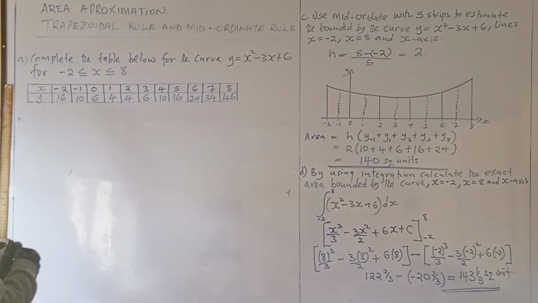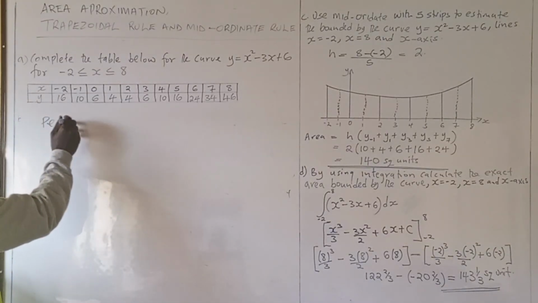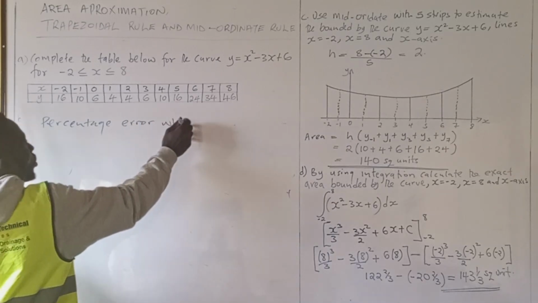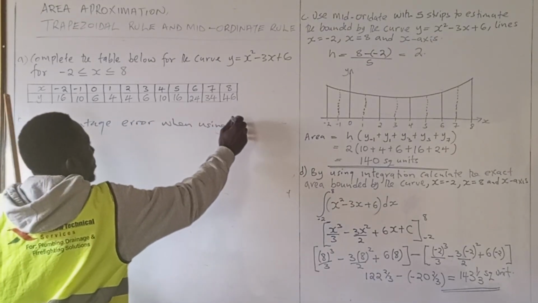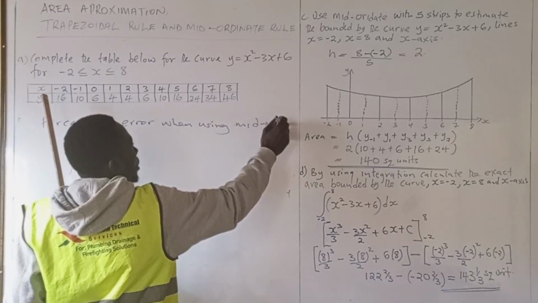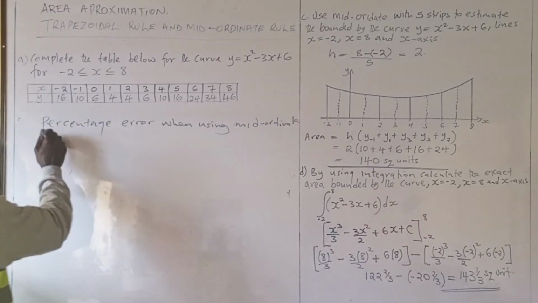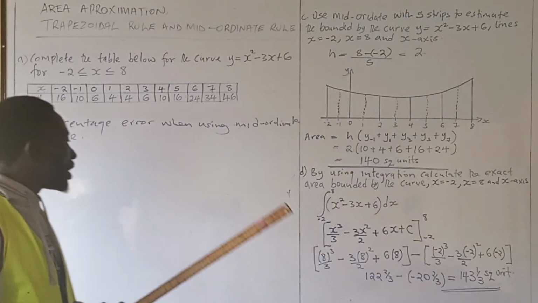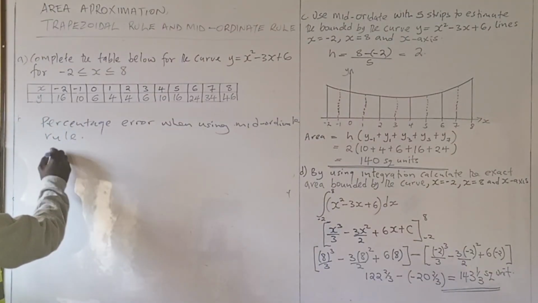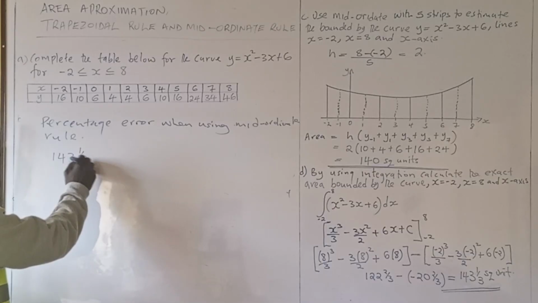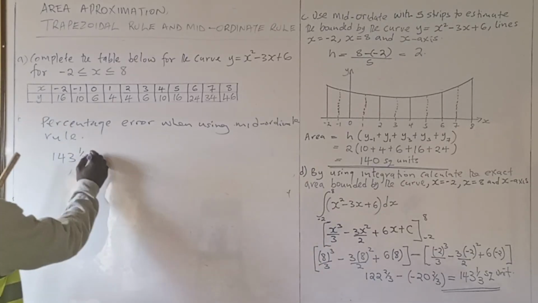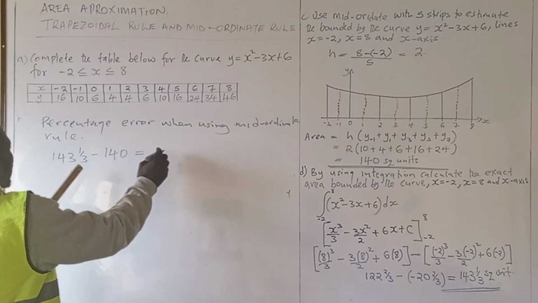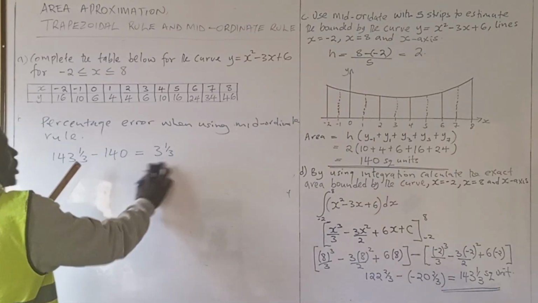Percentage error when using the mid-ordinate rule. What is the percentage error? You just subtract and you convert it to percentage. So it will be 143 1/3, the exact value, minus the mid-ordinate value, which is 140. You get 3 1/3. So this is the error.